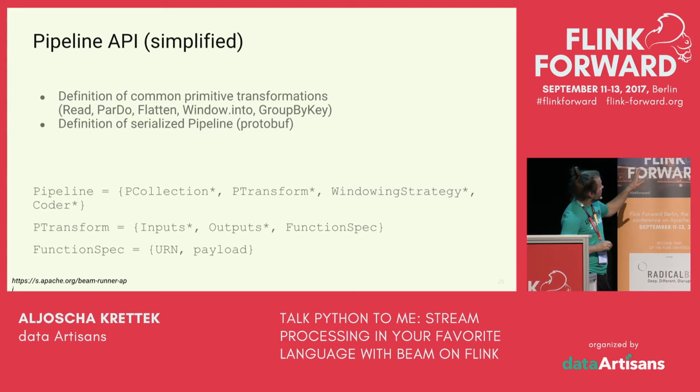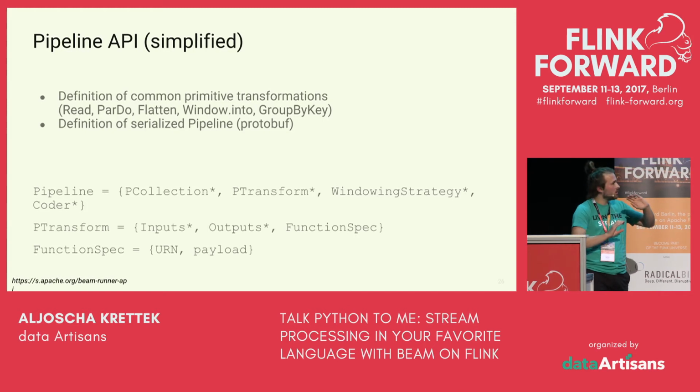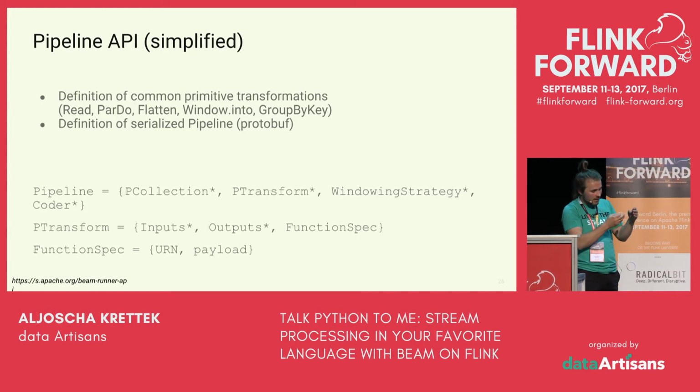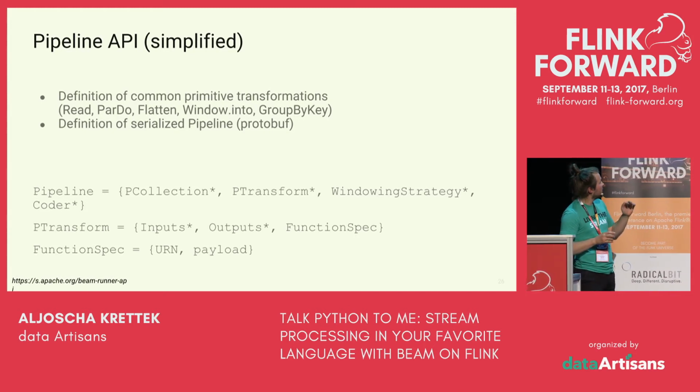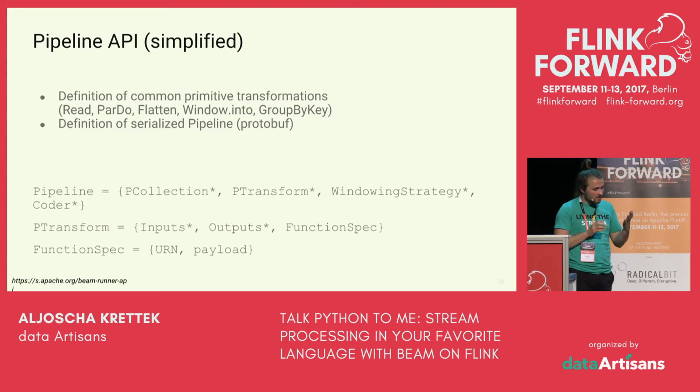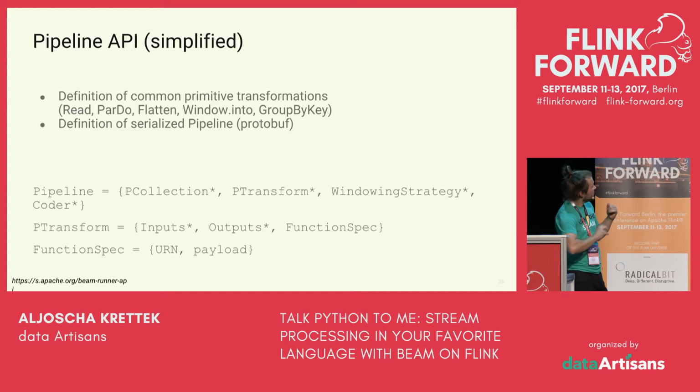And the interesting bit here is p-transform. We can delve into this a bit. So p-transform defines what the inputs and outputs are. These are p collections. And it defines a function spec. And the function spec is a URN, a resource name, and a payload. So the URN would say what type of user function this is.